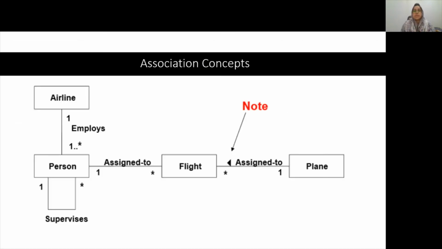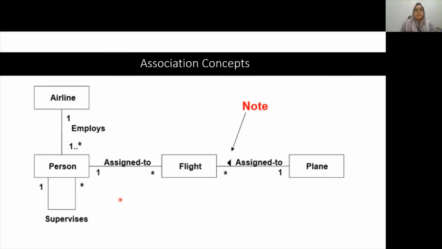Association. Association is a relationship between concepts that indicates some meaningful and interesting connection. So we name the associations. For example, airline employs person. A word phrase creates a sequence that is readable and meaningful. Word phrases such as employees assigned to, supervisors assigned to, should have default directions, that is from left to right or from top to bottom.